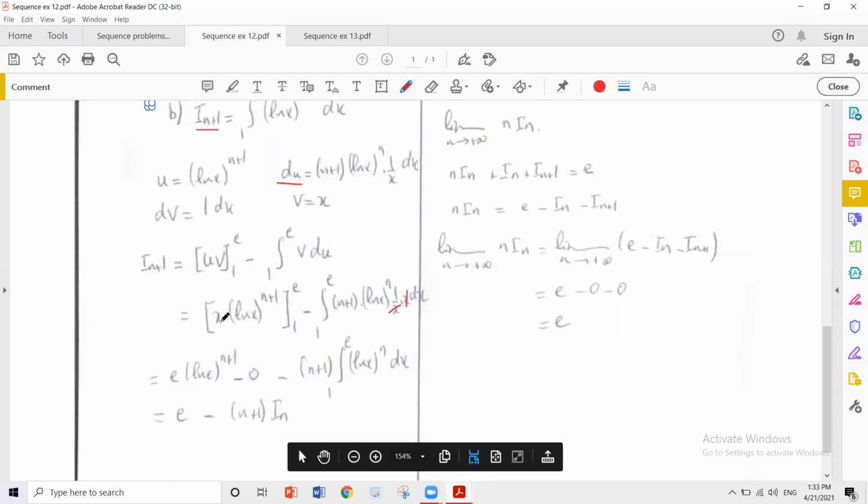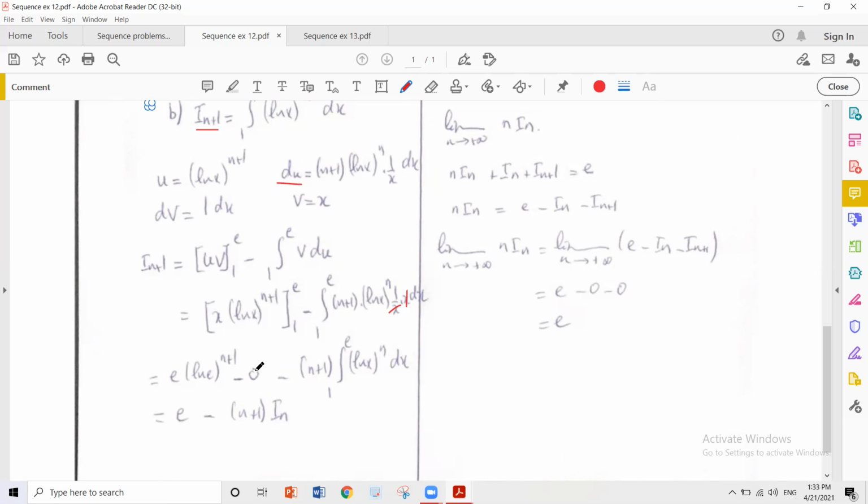First, we replace x by e: we get e (ln e) to the power n plus 1, minus, replacing x by 1, ln 1 is 0. Minus n plus 1, a constant that comes out of the integral, times the integral of (ln x) power n.